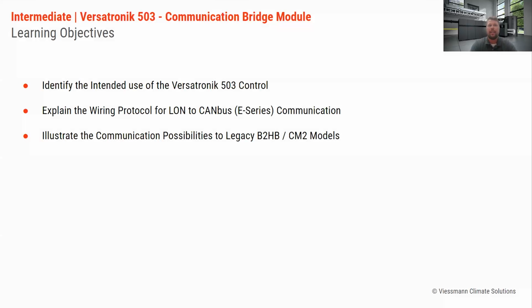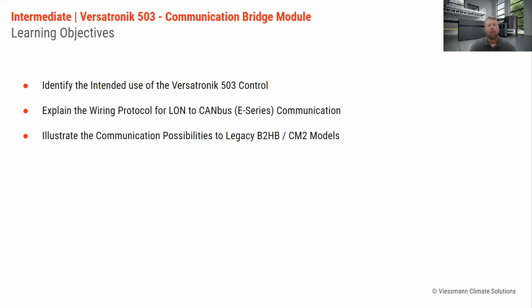So identify the intended use of the Versatronik 503. I know this seems like a short webinar. This is a nice little bridge that we have so that we can keep those old systems in play if we do have the unfortunate circumstance of replacing them. So the intended use is to take our LAN communication protocol boilers and integrate our new CAN bus communication, those E-series boilers.